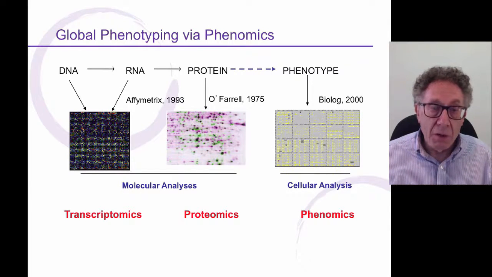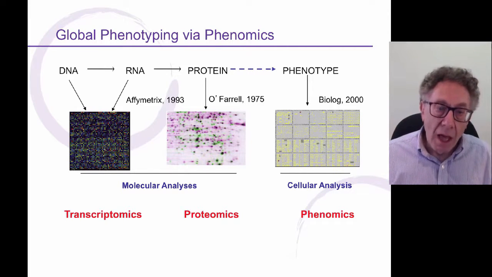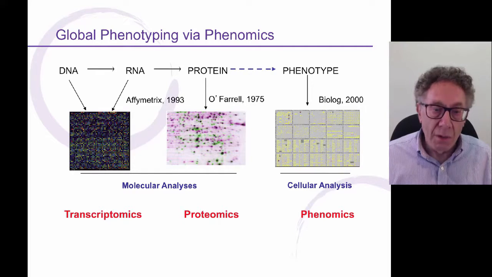This slide illustrates information flow in cells, starting with DNA and then to RNA and then to protein, and eventually resulting in cellular properties or phenotypes. A lot of cell analysis is done using the molecular analytical tools, molecular omics such as transcriptomics and proteomics. And now we have available another option, Phenomics, which is a live cell analysis.